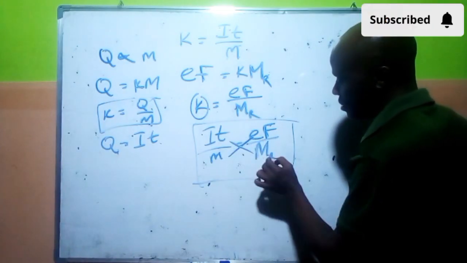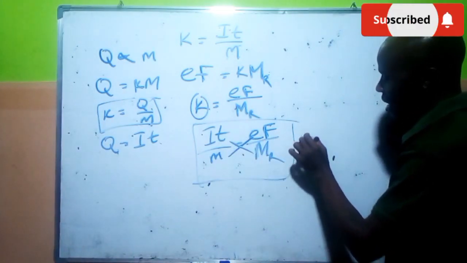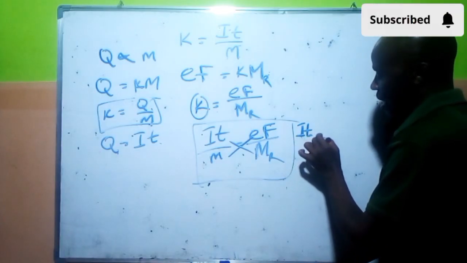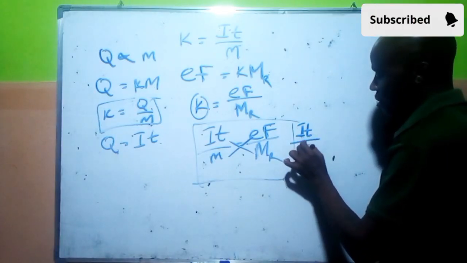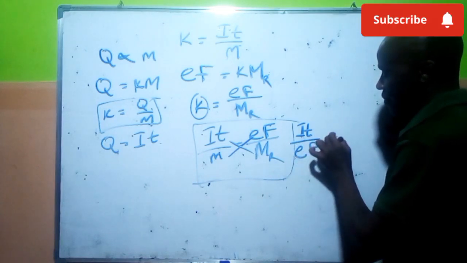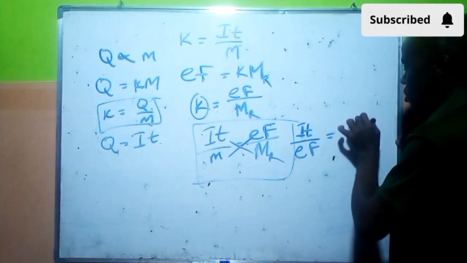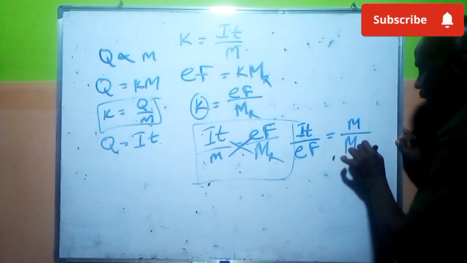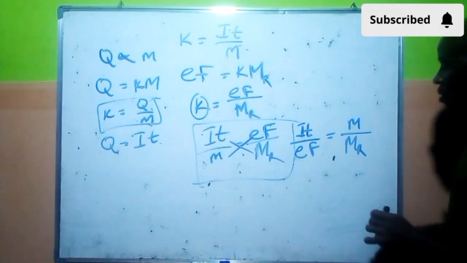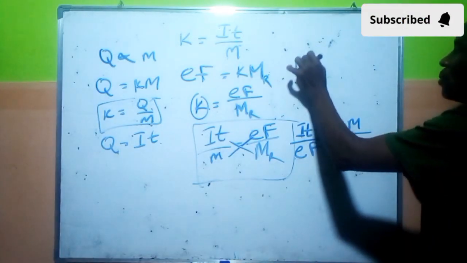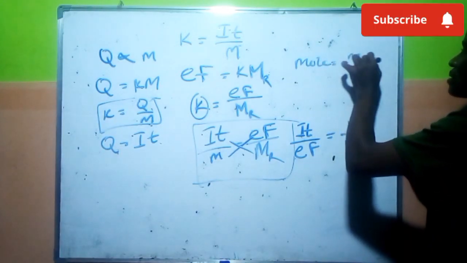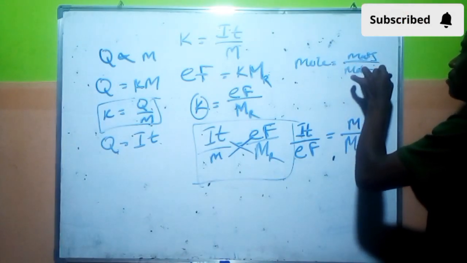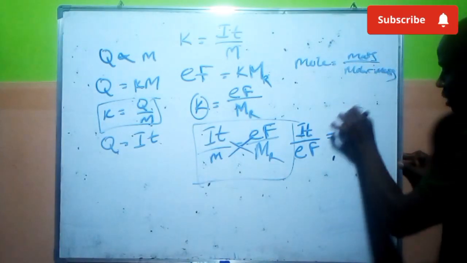If we rearrange it, we will get I times t over e F equal to the small mass, the mass deposited, over the molar mass. Remember, mole, that's amount, is equal to mass over molar mass.